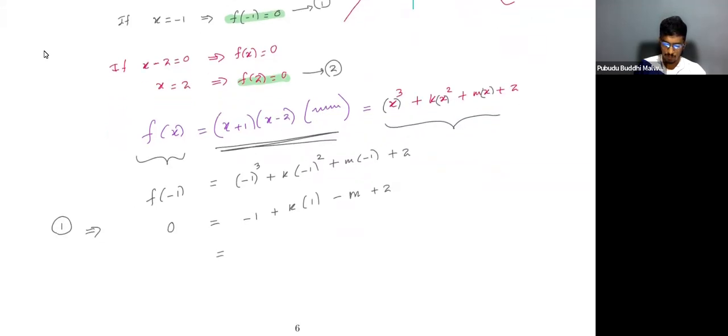So minus 1 plus k minus m plus 2. Simplify these two parts, that is plus 1. So k minus m plus 1 equals 0. I would like to move plus 1 to the other side.